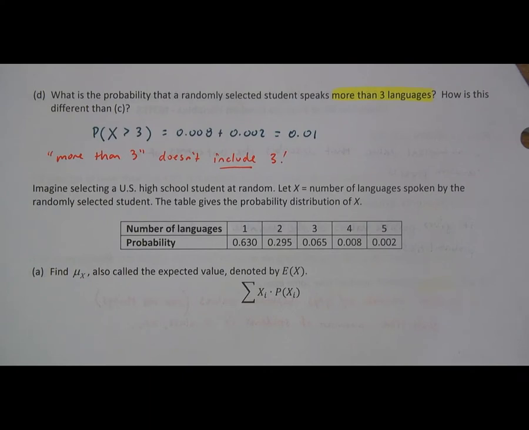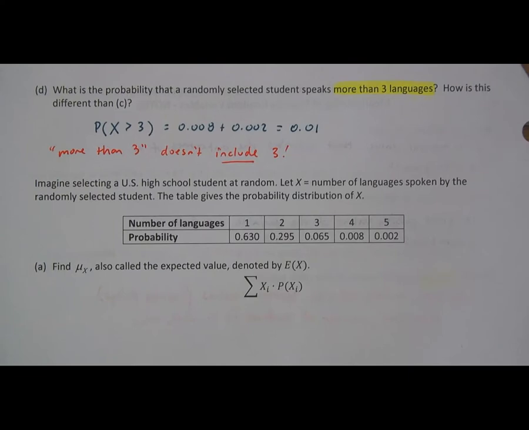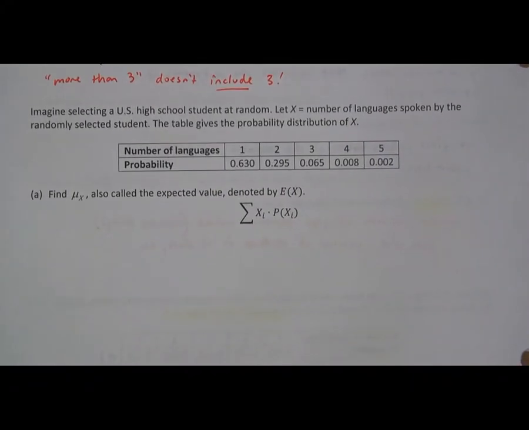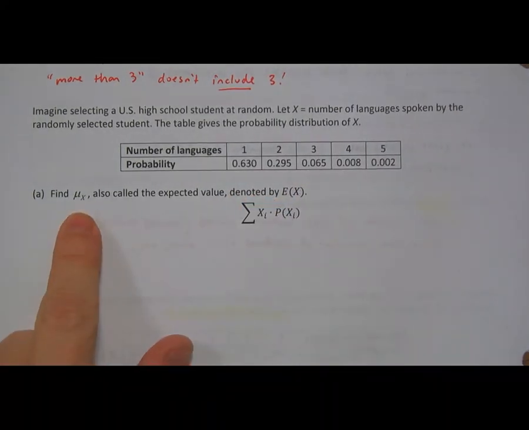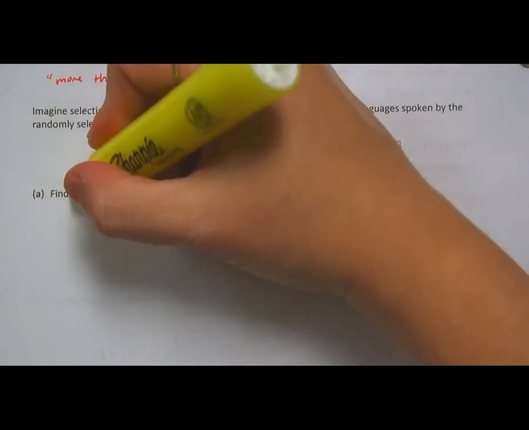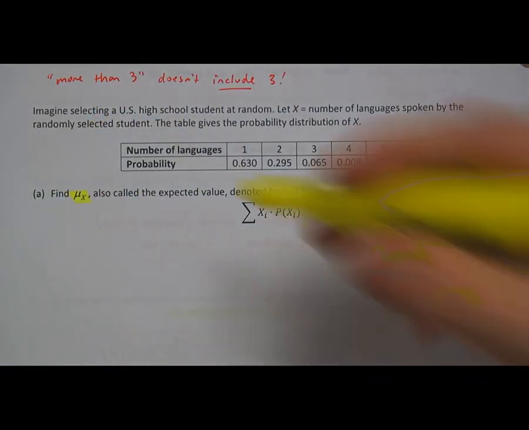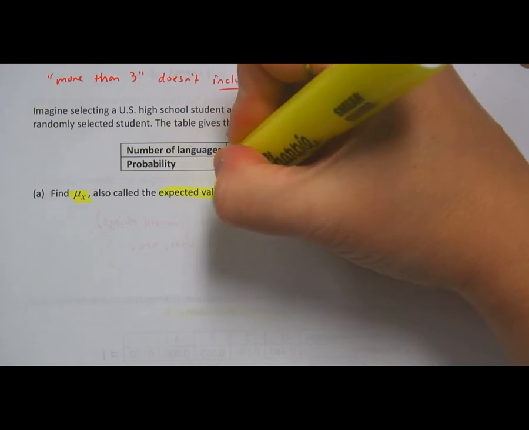Okay, we're going to look at something that at first glance can be very intimidating, but I promise what I'm about to show you is not difficult. You just have to trust me a little bit, okay? I'm going to do the math teacher thing where I explain it, and then I tell you what you need to know. It says imagine, here's the same scenario. Find mu of X, also called the expected value.